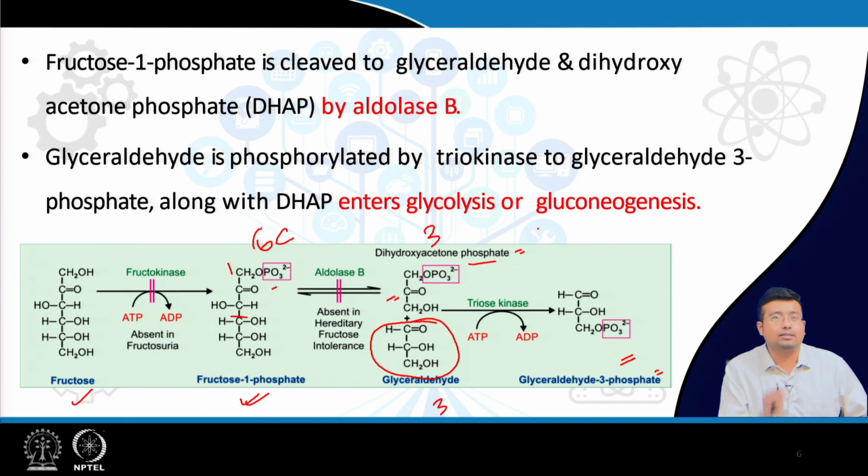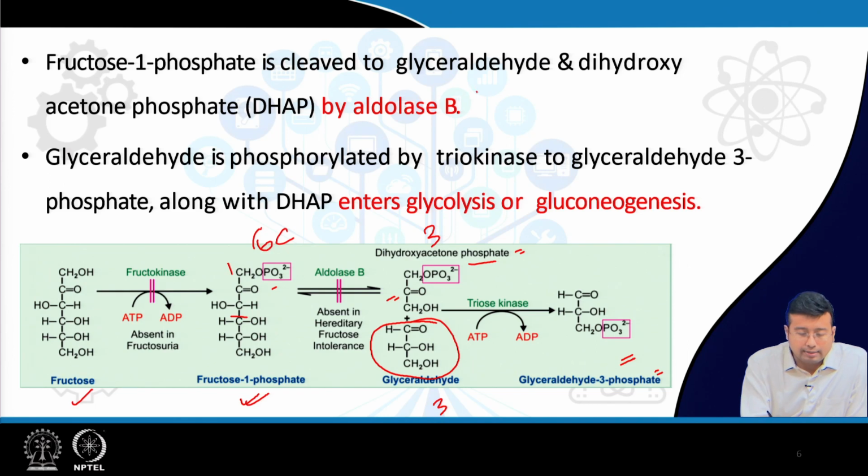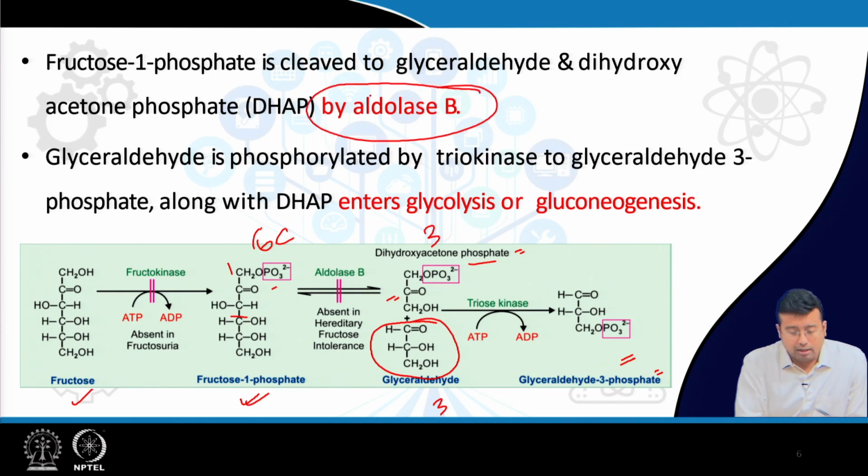When energy is required, they are diverted into glycolysis. When we need glucose, they are diverted into the gluconeogenic pathway. We will be looking into that, but the important message over here is the enzyme aldolase B is converting the fructose 1 phosphate to glyceraldehyde and dihydroxyacetone phosphate, and this glyceraldehyde is converted to its phosphate form by the enzyme triose kinase.